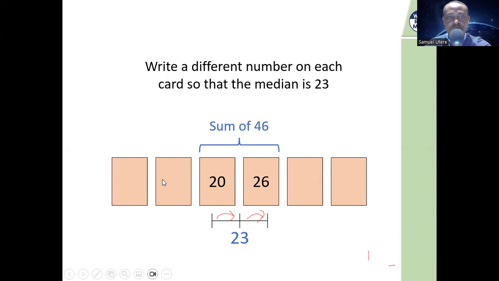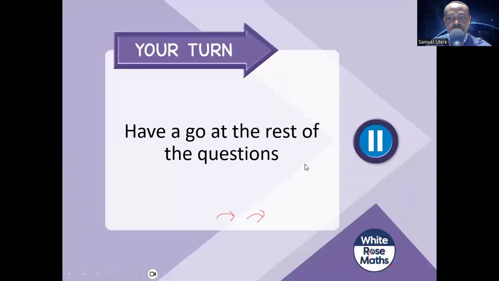So the numbers in the first two cards can be any number less than 20, and the numbers in the other two cards can be any numbers higher than 26.